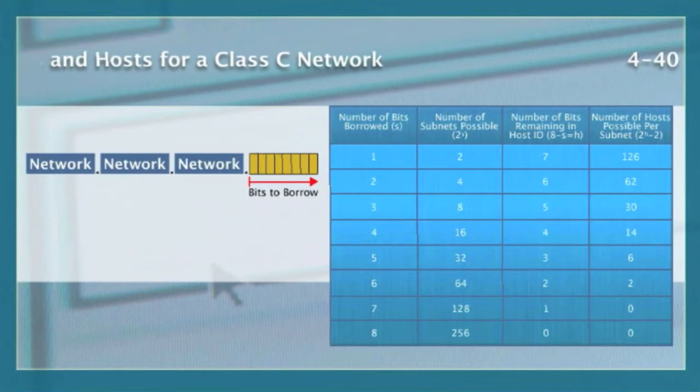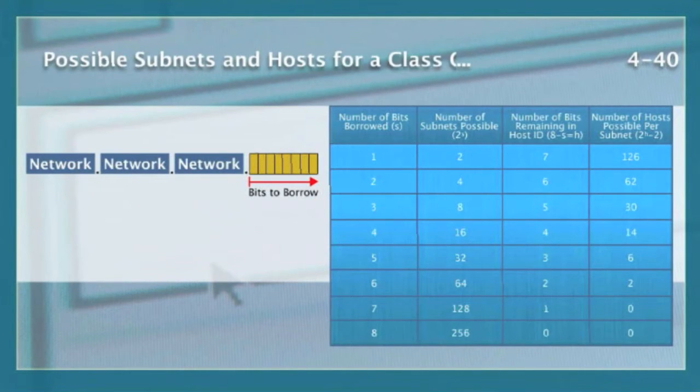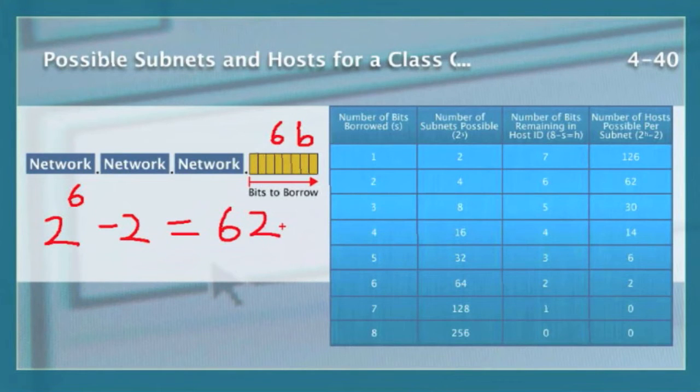How many hosts can we have per network? Well, we borrowed 2 bits, so that means there's 6 bits left for host addressing. 2 raised to the 6th minus 2 is equal to 62.